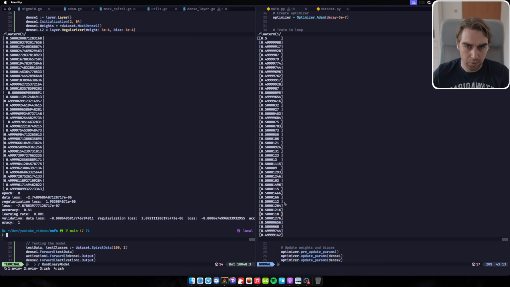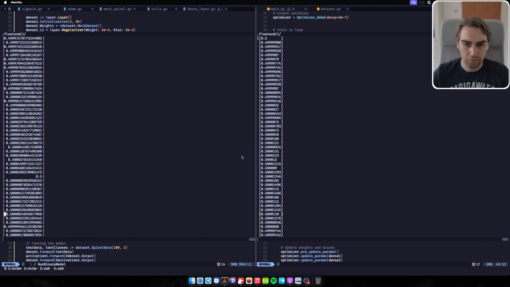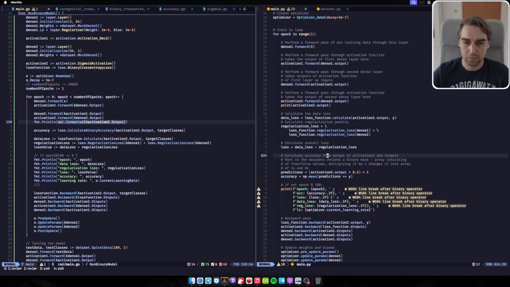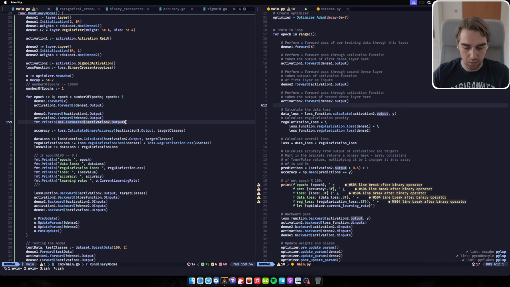Okay, so the last one is the same. The first one is 0.5. There is a 0.5 somewhere. Okay, this is just the precision higher, but it's the same. Okay, I implemented sigmoid correctly.